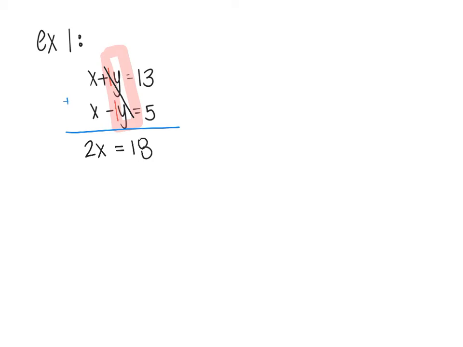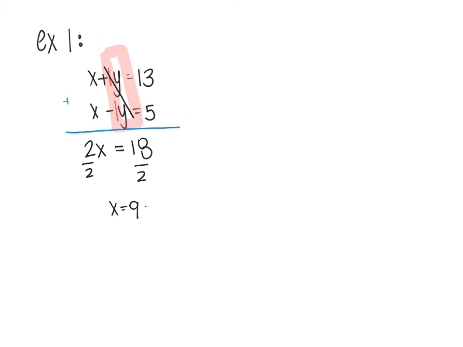So with elimination, once you add them, if you've done it right, you will always eliminate one of those variables. So now I solve for x. I get x equals 9. And then I'm going to take the 9 and back substitute it into the other equation, or any of the equations. So I can plug in x equals 9 to either equation. It doesn't matter which one.